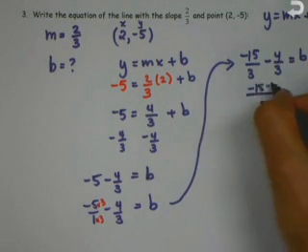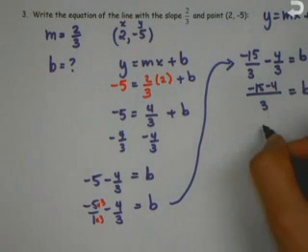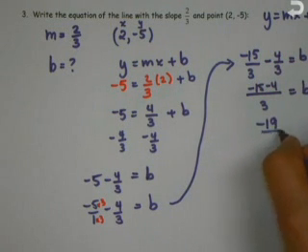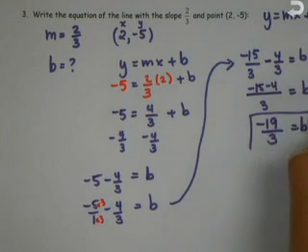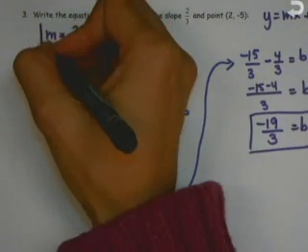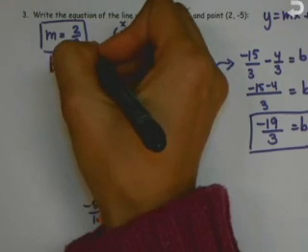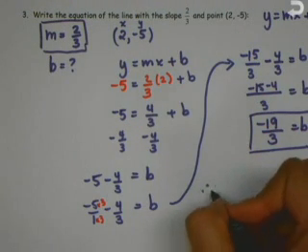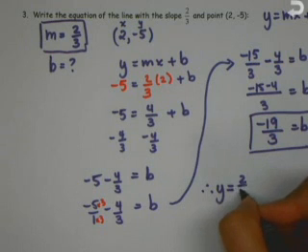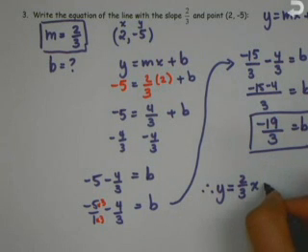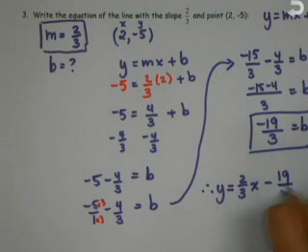Negative 15 minus 4 equals b, which is the same thing as negative 19/3 equals b. So we've got b, we've got our m here. Those are the two key pieces of information we need. Therefore, our equation is y equals 2/3 x minus 19/3.